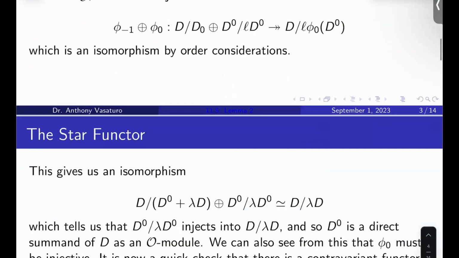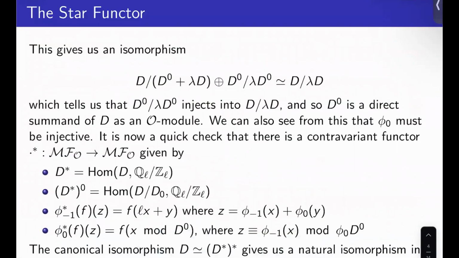This, in turn, gives us an isomorphism from D mod (D0 plus lambda D) direct sum D0 mod lambda D0 with D mod lambda D. And all this is to say that D0 mod lambda D0 has to inject into D mod lambda D, and all that is to say that D0 must be a direct summand of D as an O module. Okay, so that's nice to know. You can also see from this that phi_0 must be injective, for example.